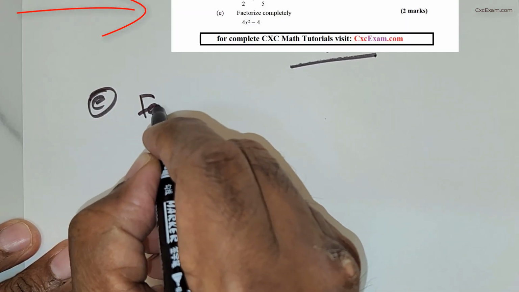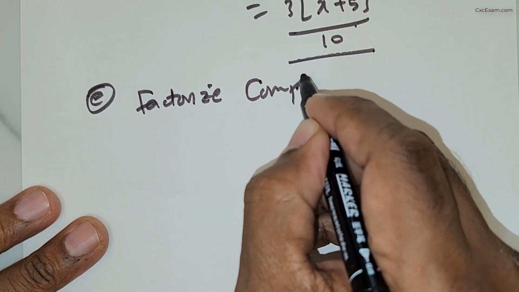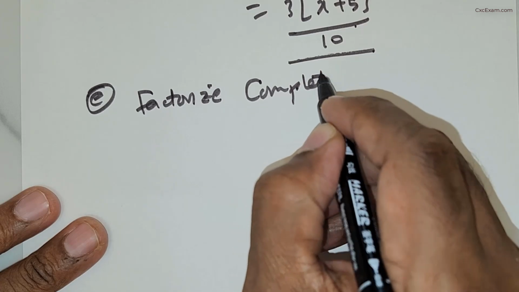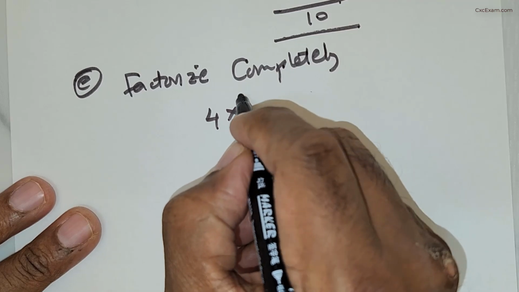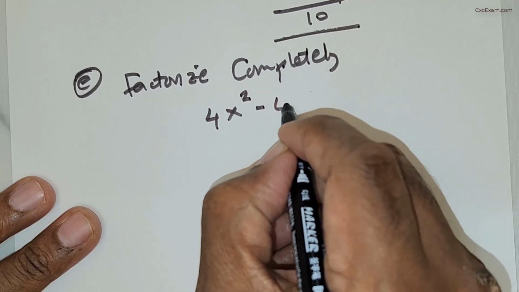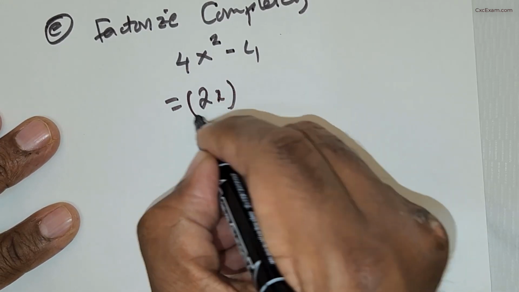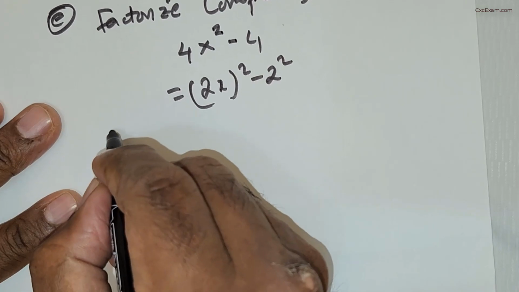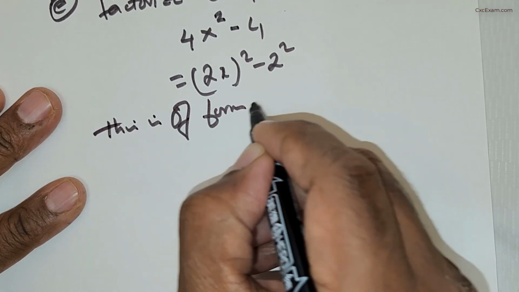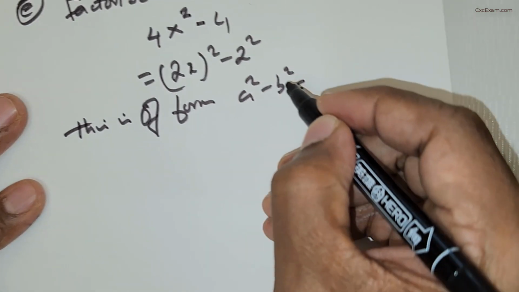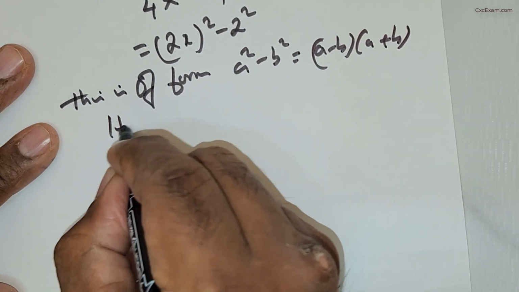Okay, so the next question is E. They are asking us to factorize completely. So you have 4 times x raised to the power of 2 negative 4. Now I would like to rewrite this as 2x raised to the power of 2 negative 2 squared. Now this is of the form a squared negative b squared, which is a negative b times a positive b.